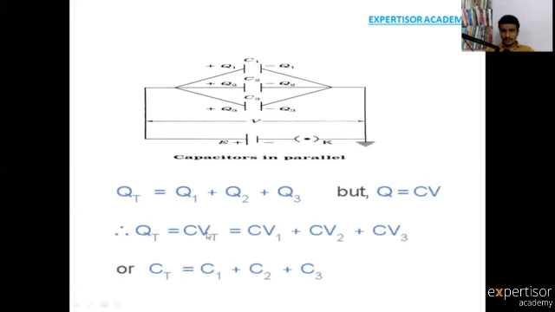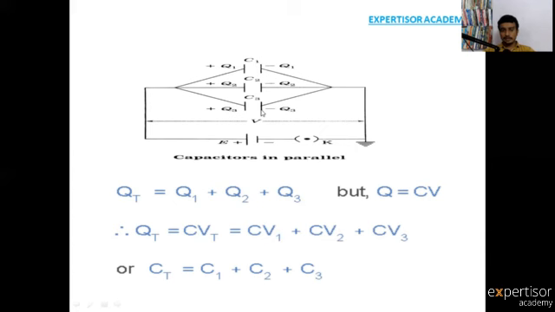So that's why in place of Vt, V1, V2, V3, enter V. So this V is common here and cancels with V. Now C is the total capacitance, that is Ct. This one is C1, this one is C2, this one is C3. So that's why total capacitance is equal to C1 plus C2 plus C3.